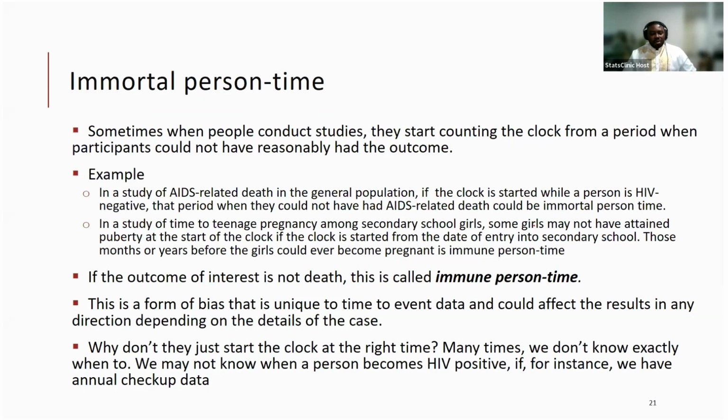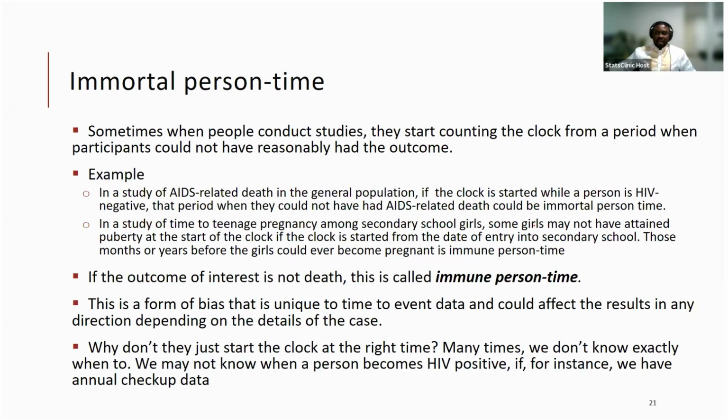Now, in that period when they could not have become pregnant, but that period that you're including in your study because it's convenient for you to just look at the date of entry into secondary school, that period is called an immortal person time. Okay, and it's a form of bias that you're introducing into your study.